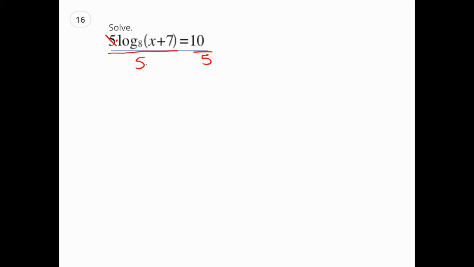So here I'm going to cancel those out. So I have log base 8, x plus 7. And then on the right-hand side, 10 divided by 5 is 2. Then at this point, I would probably turn it into an exponential.